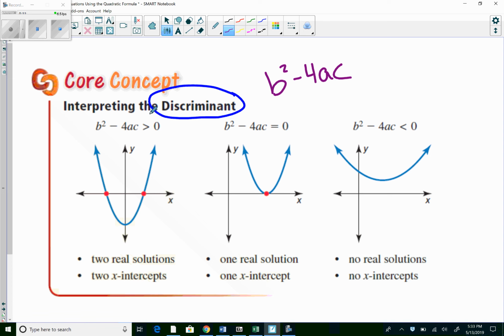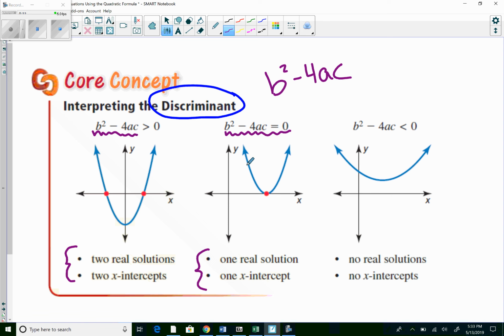And here's what this is saying. Anytime this b squared minus 4ac, when you evaluate it, is greater than 0, you are going to have 2 real solutions or 2 x-intercepts, basically meaning that it's crossing the x-axis twice. If you get b squared minus 4ac to equal 0, you're going to have 1 real solution or 1 x-intercept.